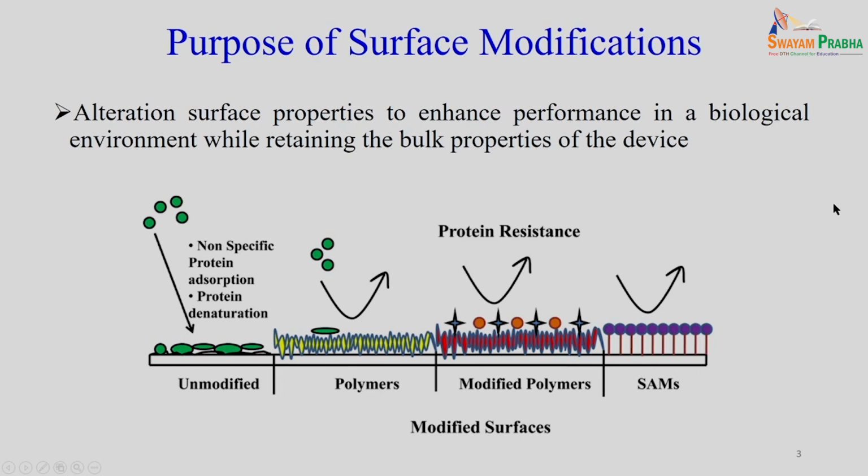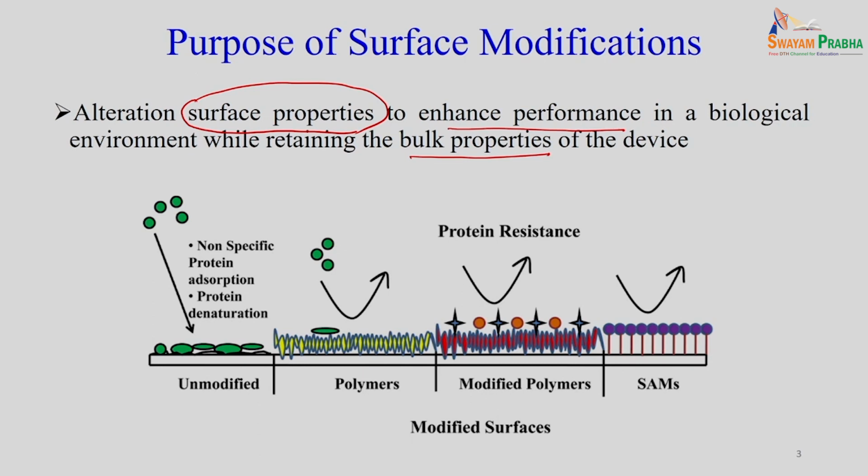As we discussed in the last lecture, the purpose of surface modification is to alter the surface property. Why do we want to alter? To enhance the biological performance or to improve the intended functions while retaining the bulk property, means without interfering with the bulk property of a biomaterial.